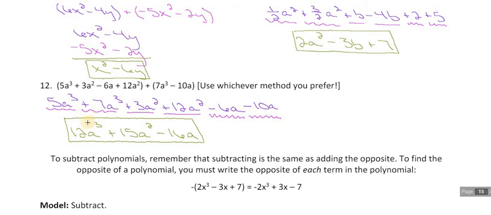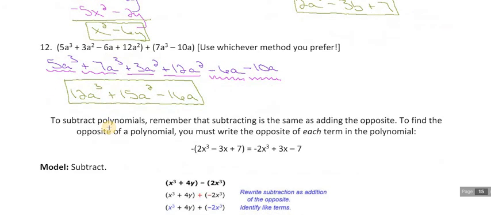Now, subtraction of polynomials is going to be the same exact thing as addition of polynomials, except we need to make sure that with our second polynomial, we do distribution of that minus sign all the way through. Because we are subtracting the opposite, or we are subtracting everything that comes after the parentheses.